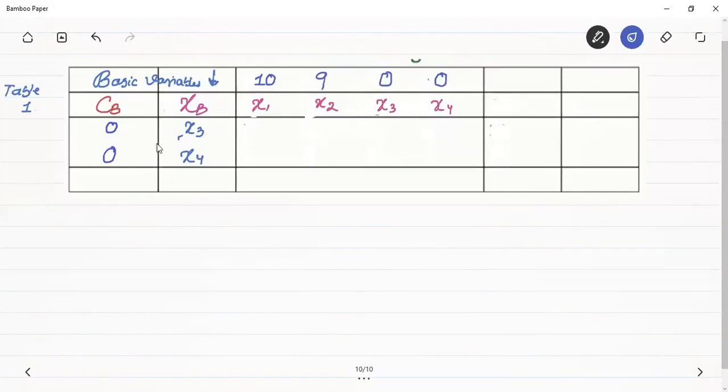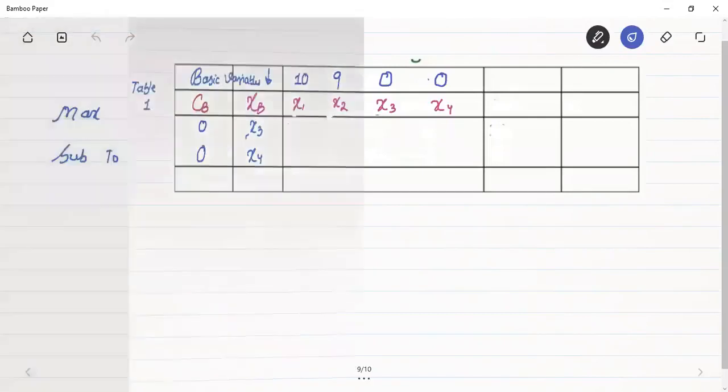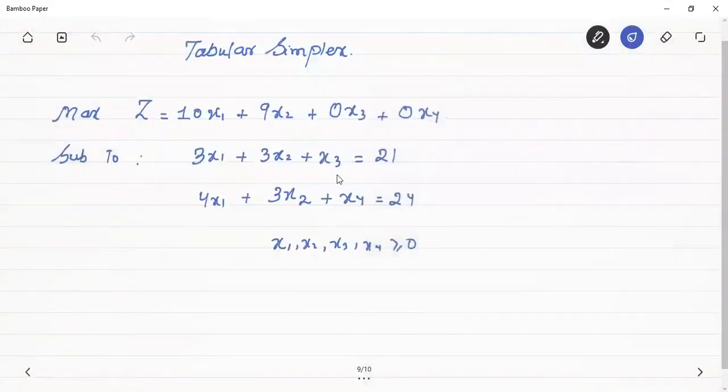Okay, so in the first two columns only the cost coefficients of the basic variables will come, and in this column the cost coefficients of every variable will come. Okay, so this is the one which we have here. After that, what do we have to write in the second space? Okay, see here, the first basic variable is x3.